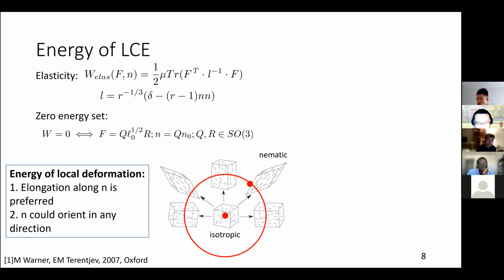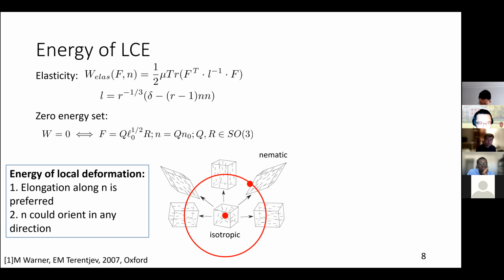And if we have the L tensor, then because of this you will have some anisotropy, where when the energy is minimized, it would elongate along the direction of n, which indicates the orientation of the mesogens, and it will shrink in the other two directions that are perpendicular to the orientation of the mesogens, or the liquid crystal molecules.